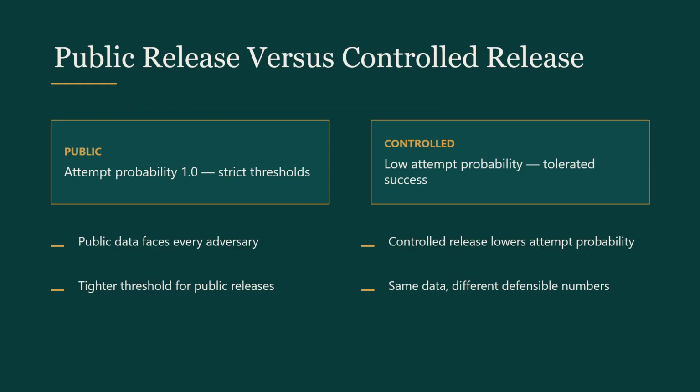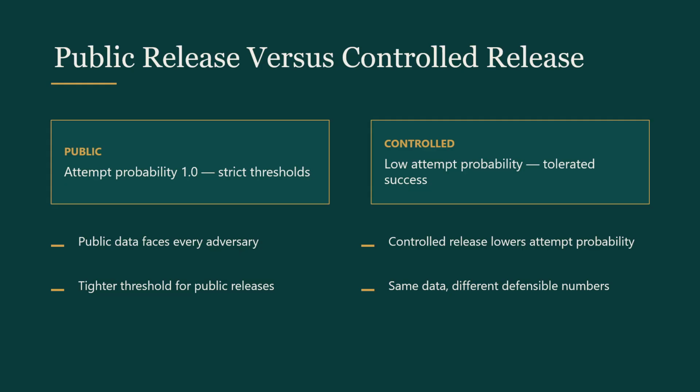Why does one dataset support 2 different defensible thresholds? Because of last video's equation. Overall risk is the attempt probability times the success probability, and context sets the first factor. At one end of the spectrum sits the public release, a file anyone can download.